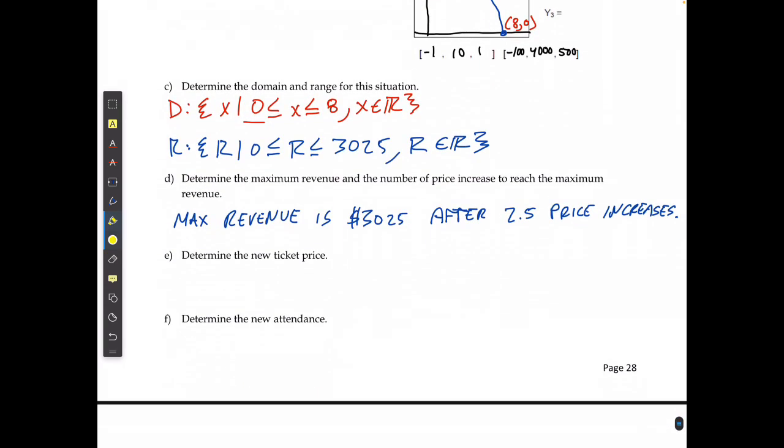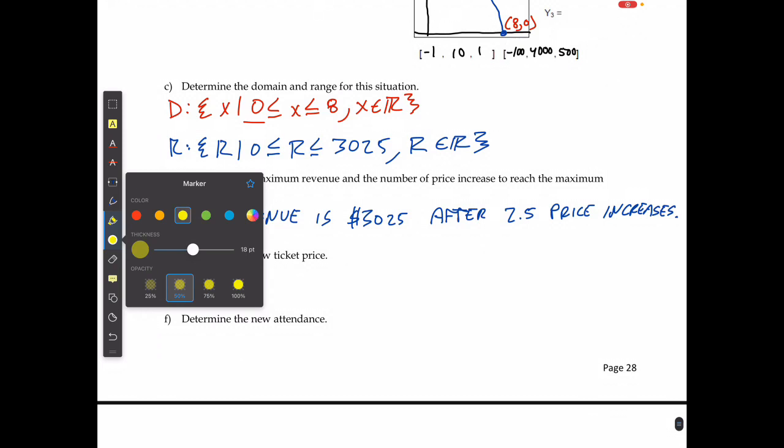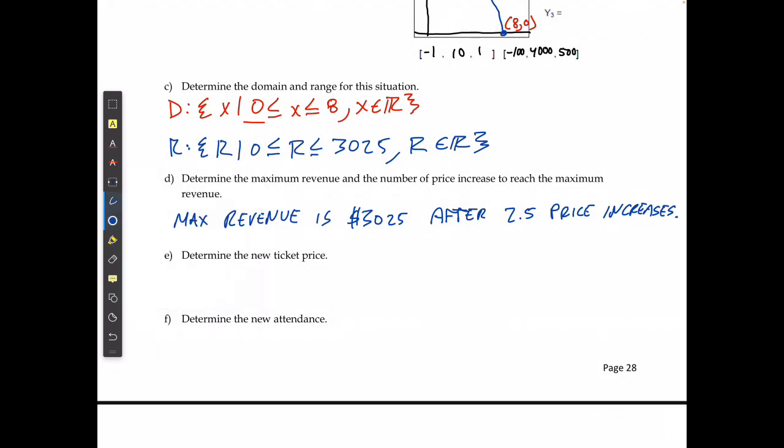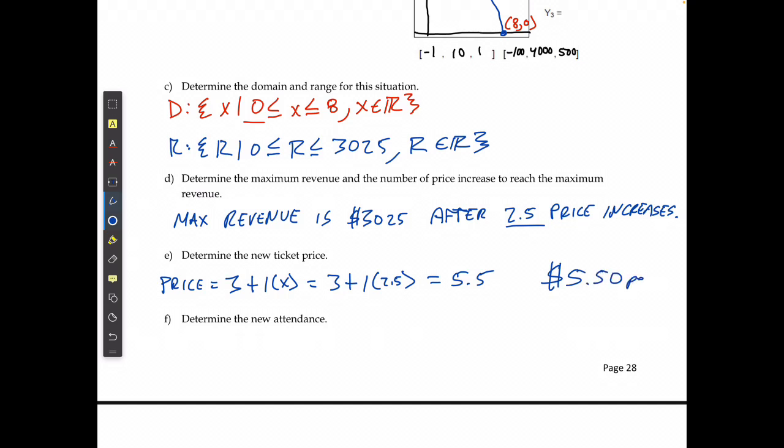So if I'm determining the new ticket price, I have to say that my price is equal to 3 plus 1x, and we said at the max income, x was 2.5, so 3 plus 1 times 2.5, which is going to be 5.5, or $5.50 per ticket.